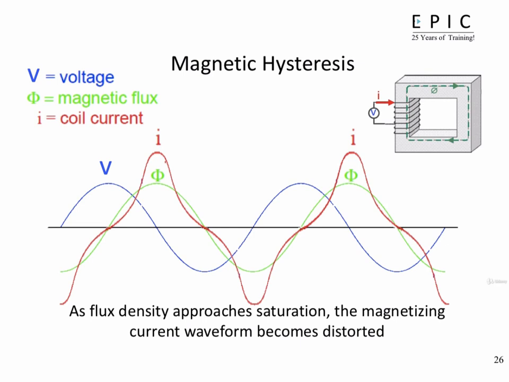Thus, coil current increases dramatically at the peaks in order to maintain a flux waveform that isn't distorted. This is why transformers are designed to operate in the linear region of the magnetic material. And that's why problems can occur when transformers are driven into saturation, especially in the cases of instrument transformers that rely on linearity to accurately measure currents and voltages.